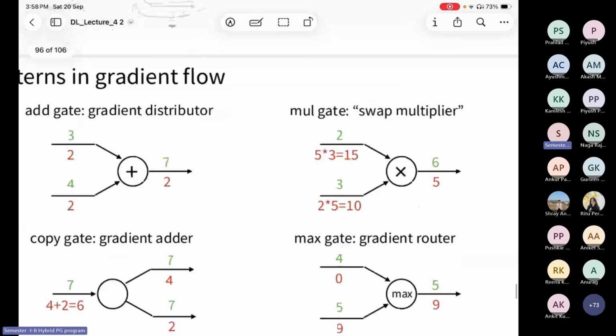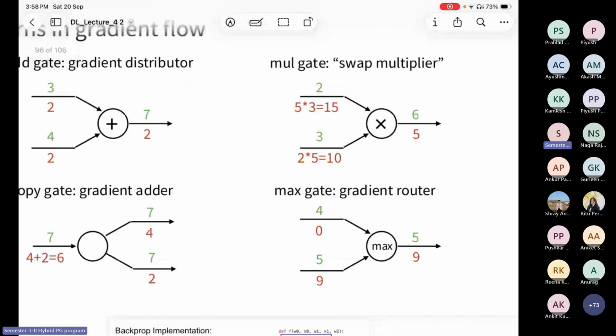Now let's see the last part. Suppose you are applying the max function. Suppose this is x and this is y, and you are applying max of that. Now in this case, x is 4, y is 5, and you apply the max of this. You know what the value is? You will have 5. Now if you go back, finding the gradient, let us assume that you got the upstream gradient 9, and then you are going back.